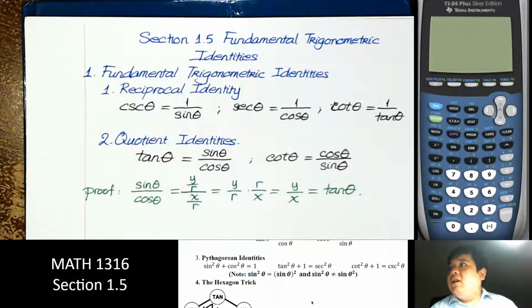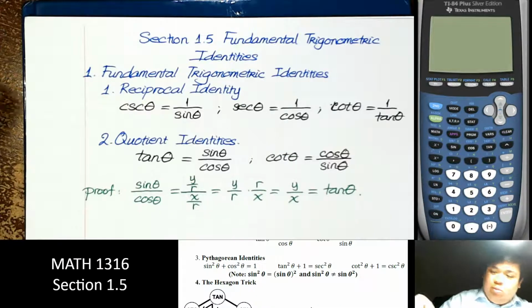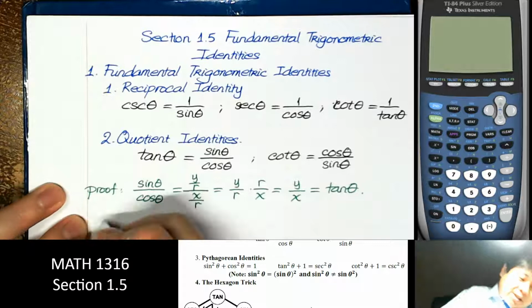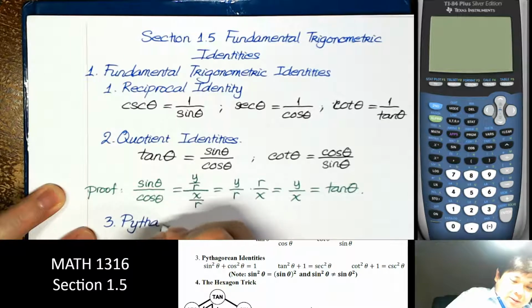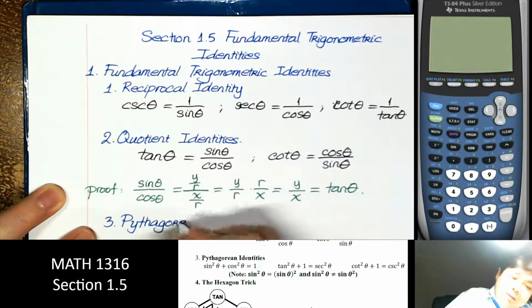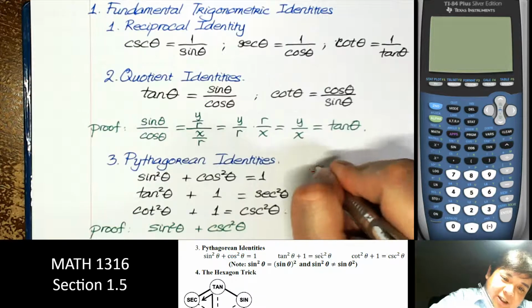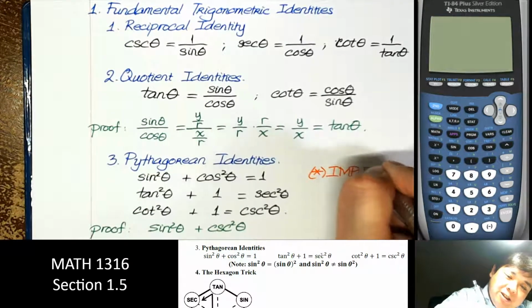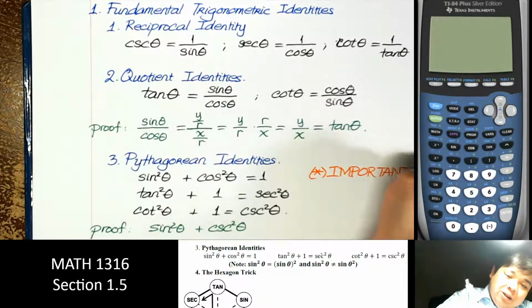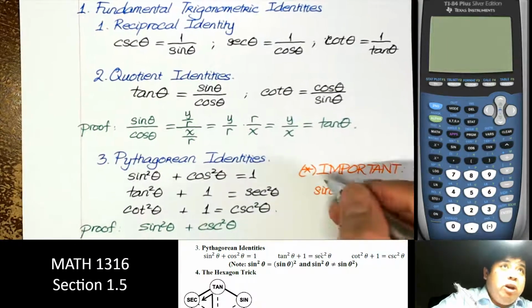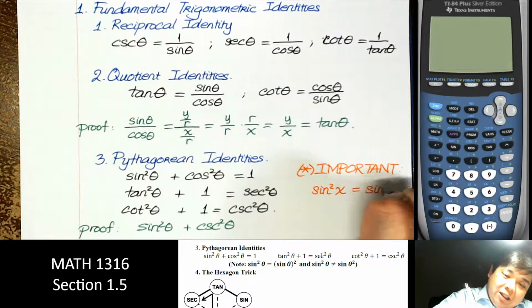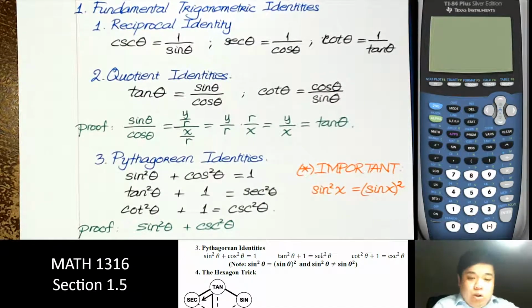Right. Next, Pythagorean identities. When we say sine square, what we really mean is sine of x, squared. So actually, we take the trig function first and then we square it.